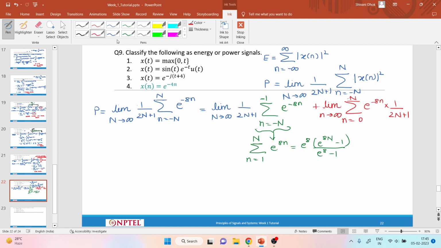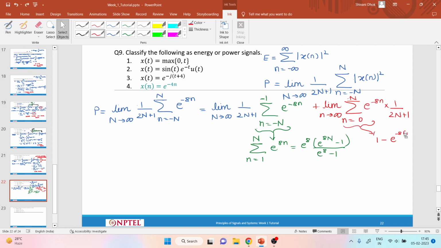Similarly, this summation here is also a geometric progression and it has the first value as 1. So this will lead to 1 minus e power minus 8 into n plus 1, upon 1 minus e power minus 8. It is starting from 0 to n, so there are n plus 1 terms.